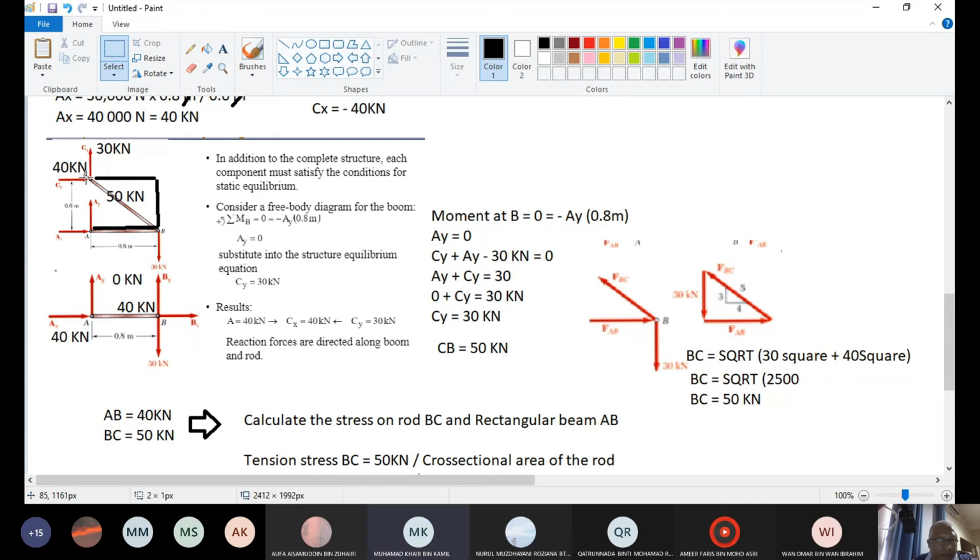Why is it moving anticlockwise? You can see here AX. This is the force AX. AX will push this one and rotate along C in this direction.